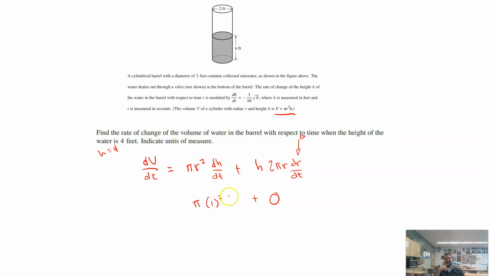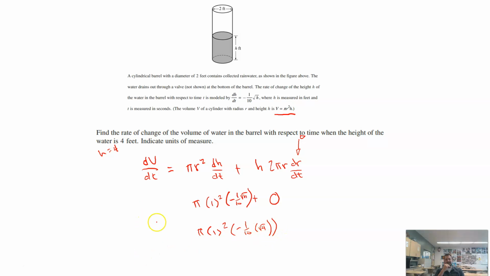We know that dh/dt is equal to -1/10 times the square root of h. Well, h in this case is 4, so I just go pi times 1 squared multiplied by -1/10 times the square root of 4.